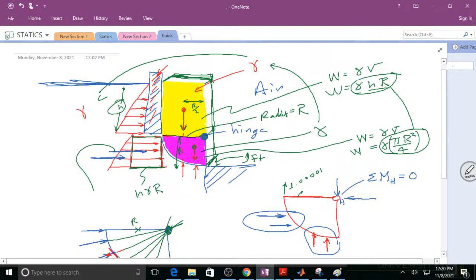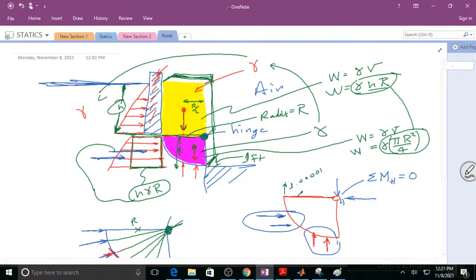So you take that whole r. Let's see if I can do a circle right there. H gamma times r. So that H is here, which is supposedly at the hinge level.